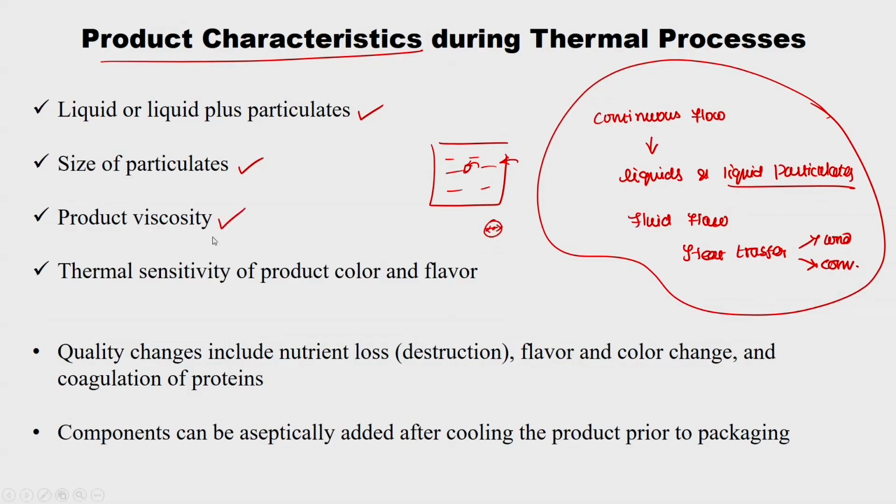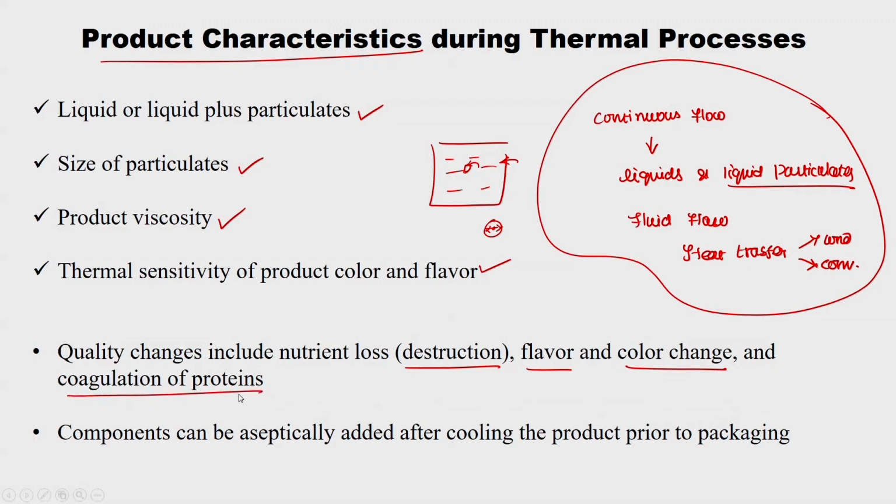And product viscosity, obviously one is the liquid itself being viscous, or the number of particles you add also increases the viscosity of the total product. And thermal sensitivity of the product, color and flavor, is also an important product characteristic. Quality changes include nutrient loss, that is enzyme destruction, flavor and color change, and coagulation of proteins.